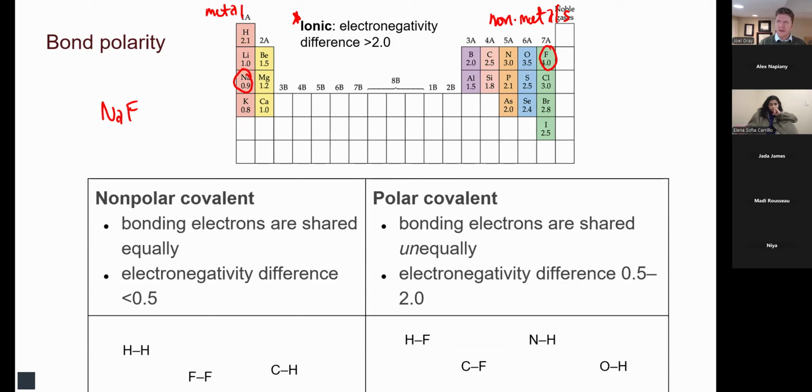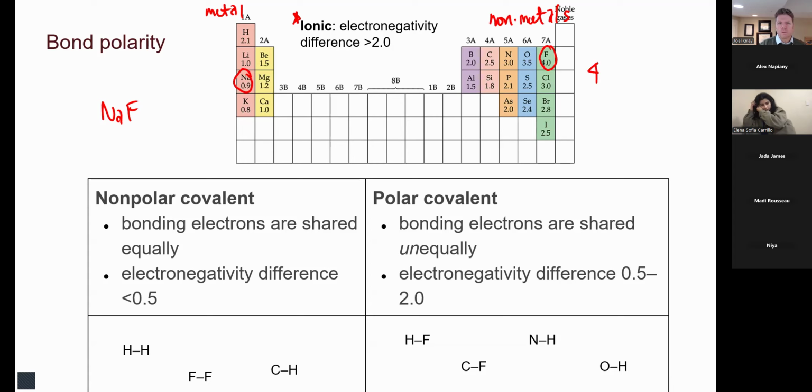Now, let's talk about it in terms of its bond and the electronegativity differences. The electronegativities are 4.0 and 0.9. What we want to do is figure out the difference between them. When you're doing this sort of thing, your electronegativity difference is going to be what's known as an absolute value.